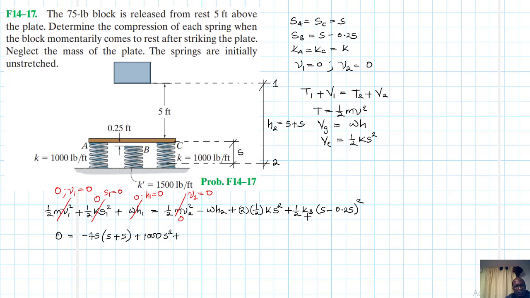Then half by 1.5, this just becomes 750, and this is (S squared, minus 0.5 S plus 0.0625), and then we close brackets.